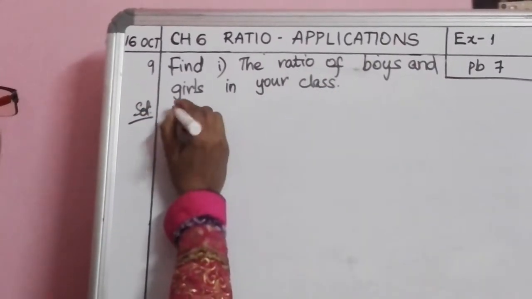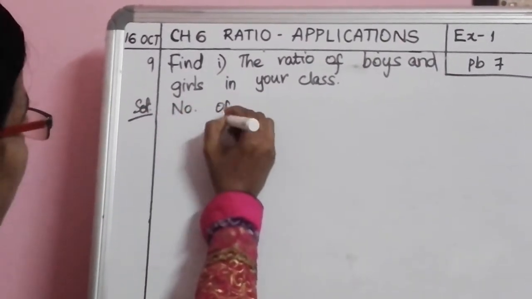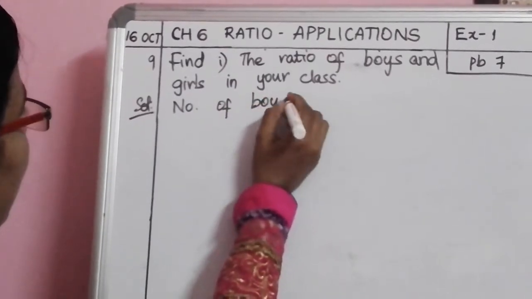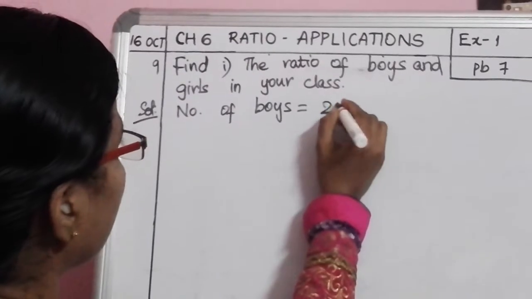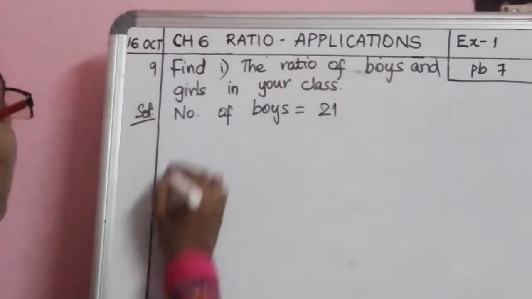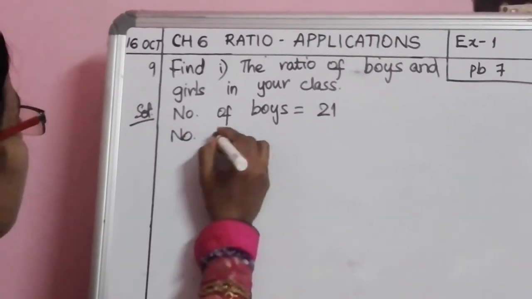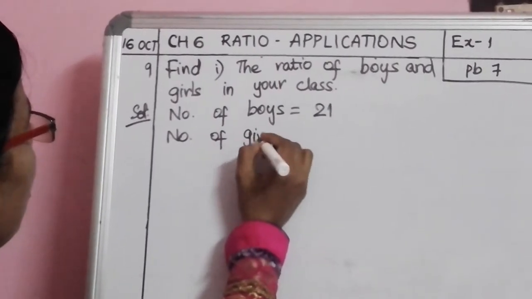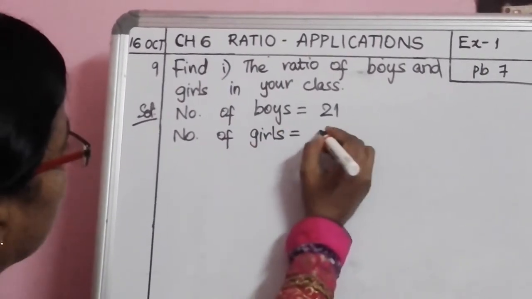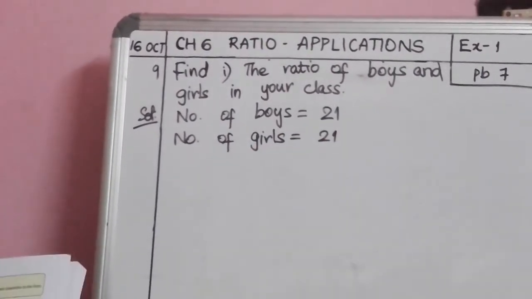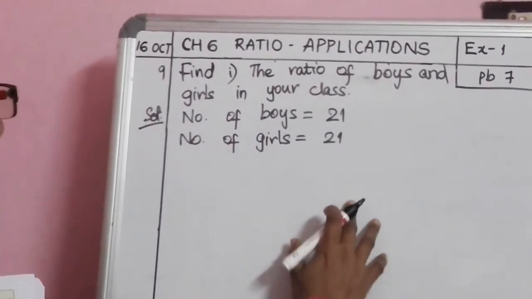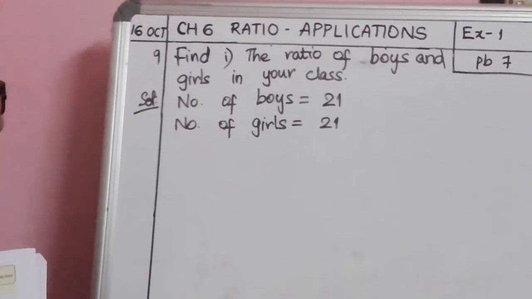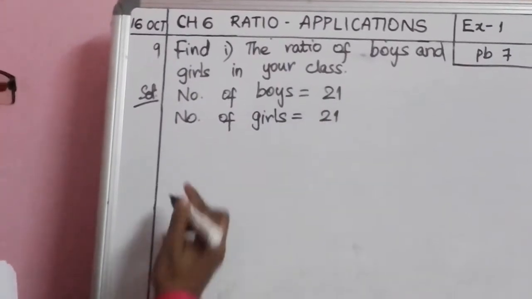So how many number of boys are there in your class? Number of boys. For example, 21 are the number of boys, and number of girls, let us take 21. 21 and 21, the total strength is 42 in the class. Whatever is your class strength, that you need to take here and write.